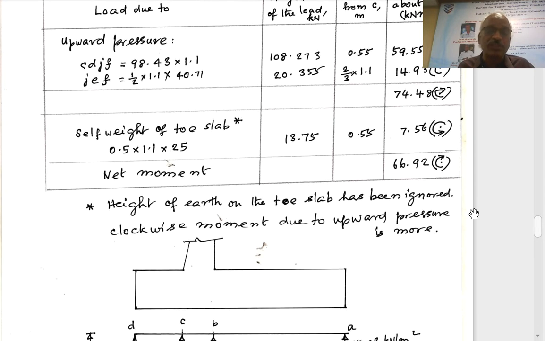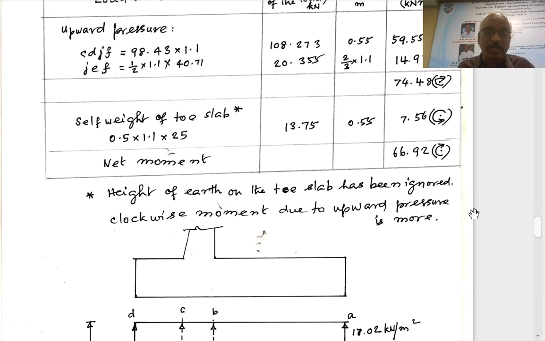So 98.43 into 1.1. In the longitudinal direction, we consider 1 meter length. So pressure 98.43 kilonewton per square meter into 1.1 meter into 1 meter in the perpendicular direction. So that is 108.273, and the center of gravity of that will be 0.55 because 1.1 by 2.